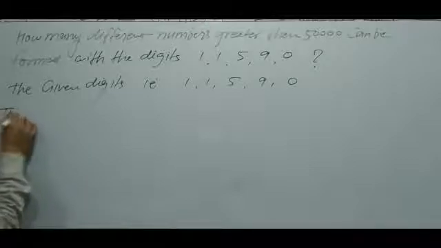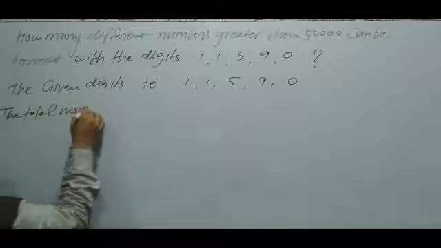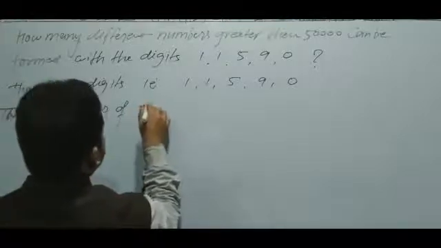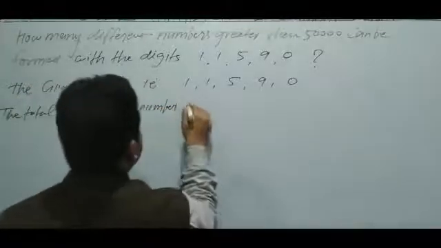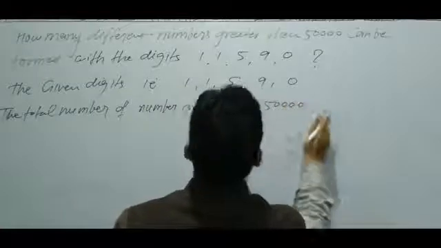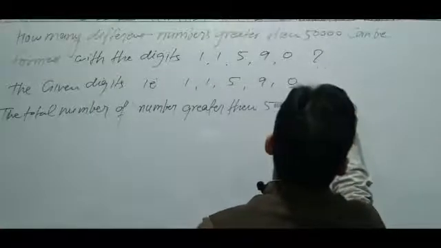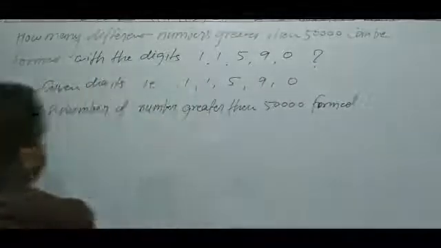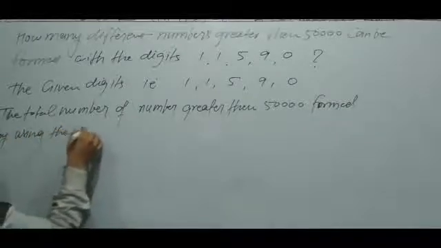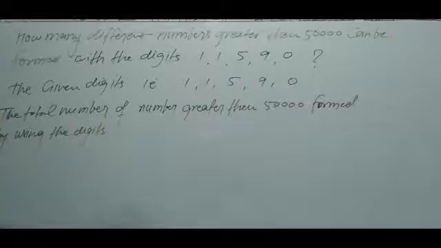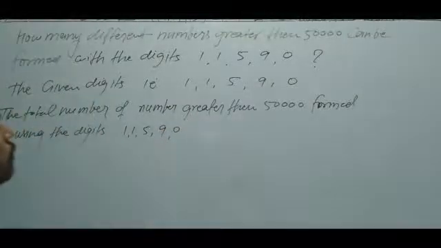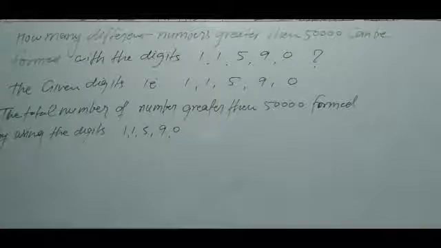The total number of numbers greater than 50,000 formed by using the digits 11590. So what we can write?